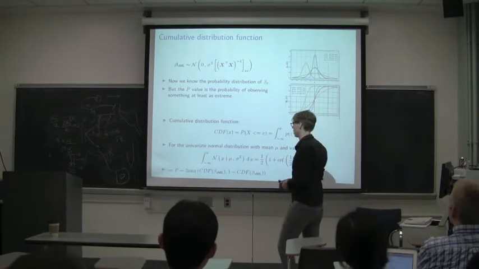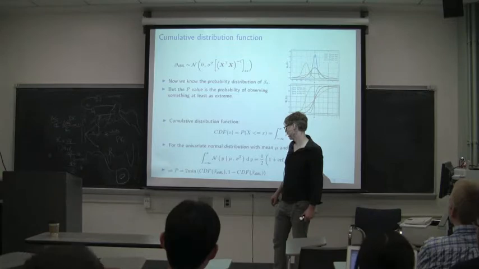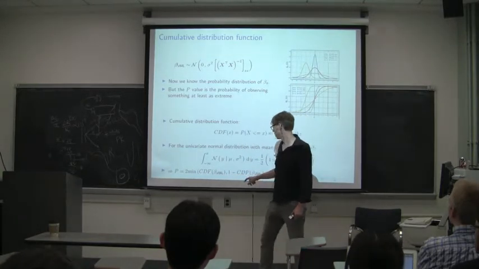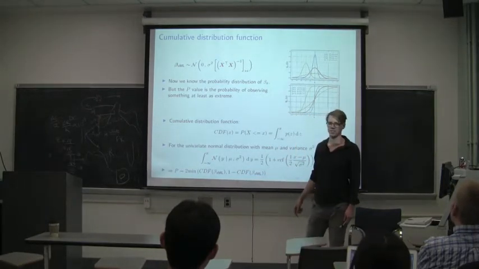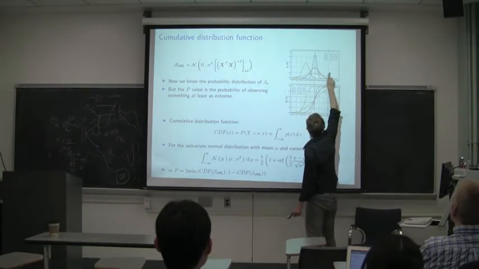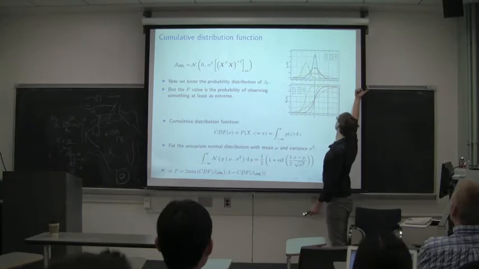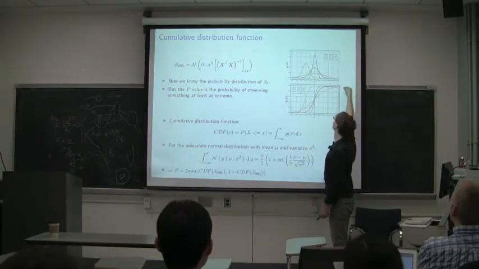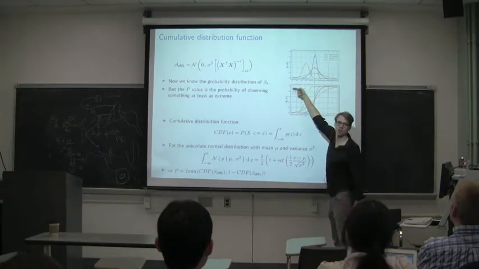So we actually need 2 times the minimum of the cumulative distribution function and 1 minus the cumulative distribution function. Because the cumulative distribution function starts here and then goes to 1, if we wanted to start at plus infinity, we could also just flip this around and start at 0 and then go to 1.